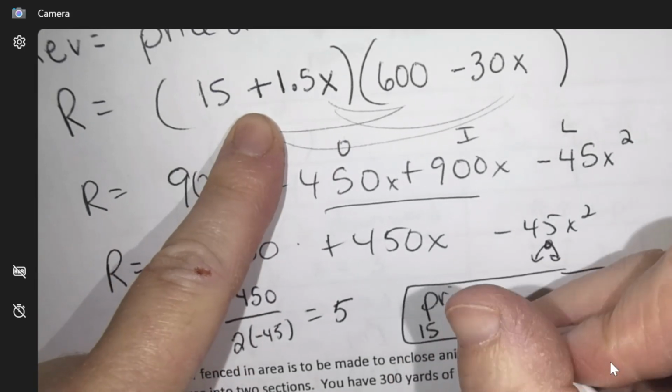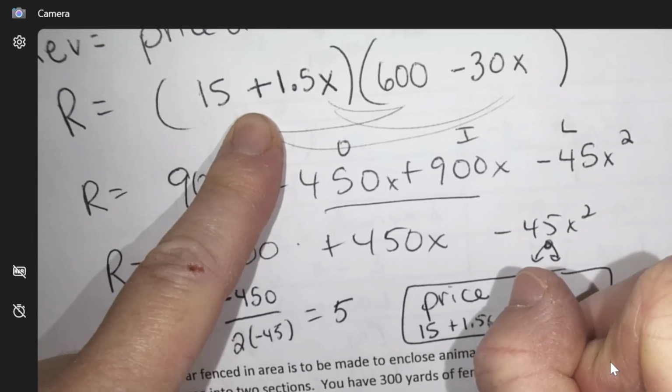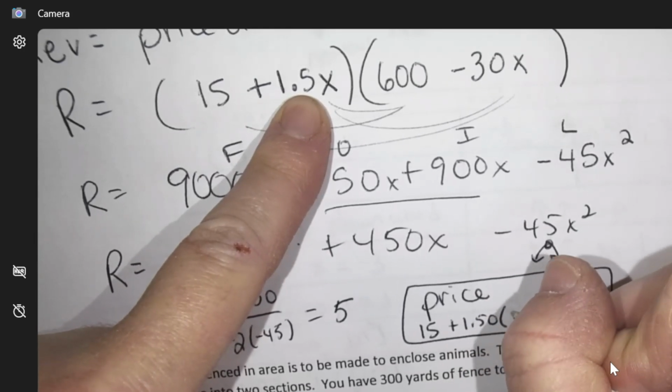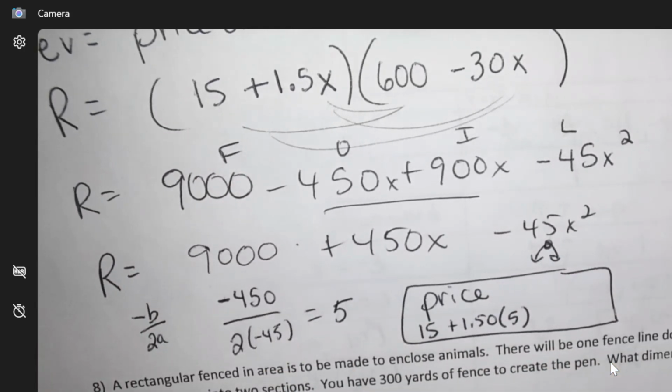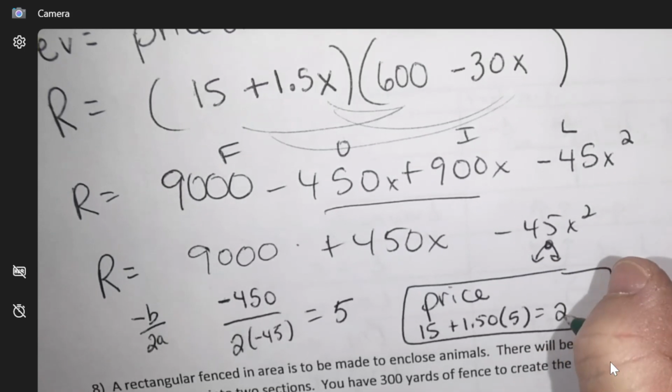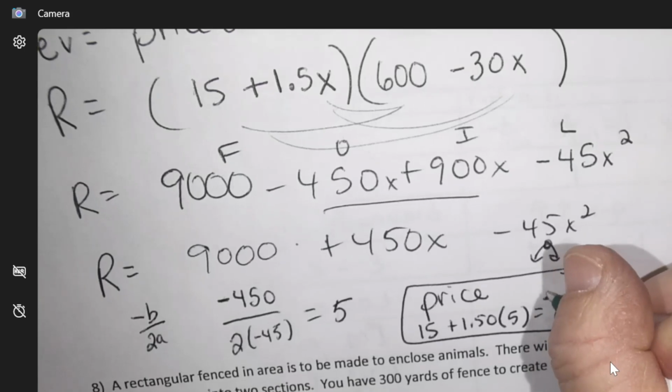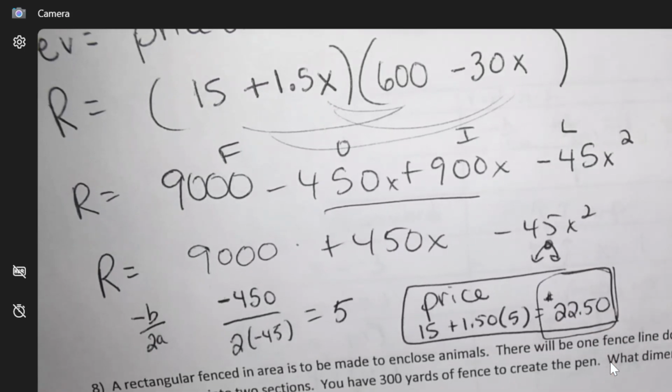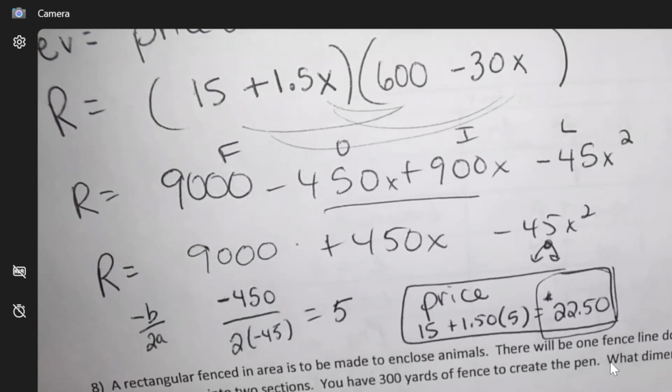We started at $15 and we increased $1.50, 5 jumps. So each hat you should sell for $22.50 to get the best of your money.